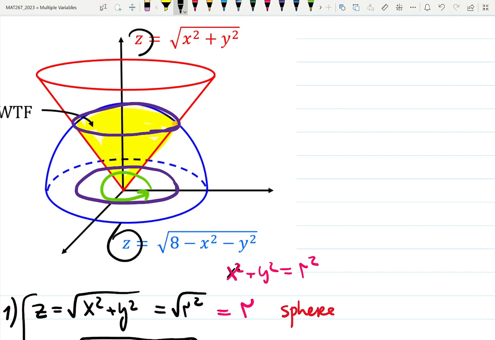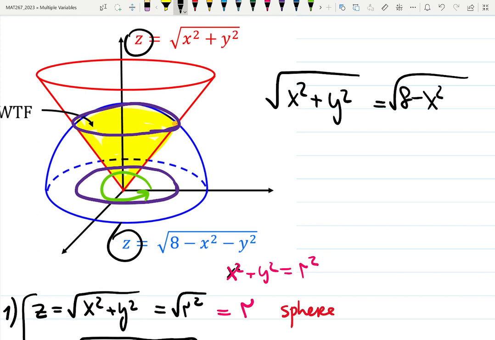The square root of x squared plus y squared equals the square root of 8 minus x squared minus y squared. You change to r. It becomes r equals the square root of 8 minus r squared. Square both sides. You get a quadratic equation, and solve for r. It becomes 2.